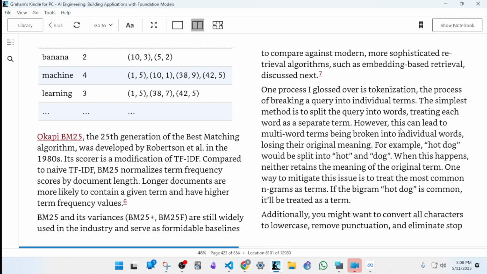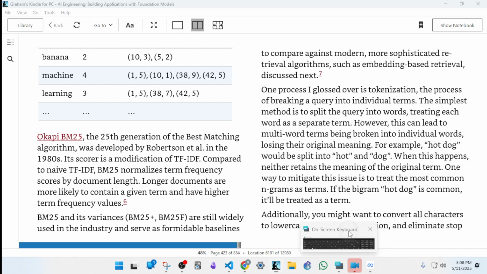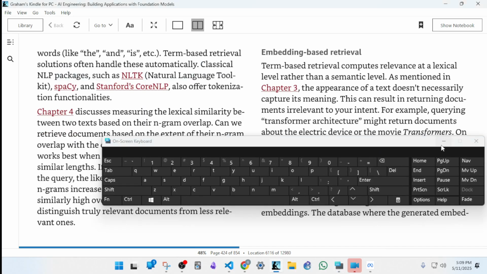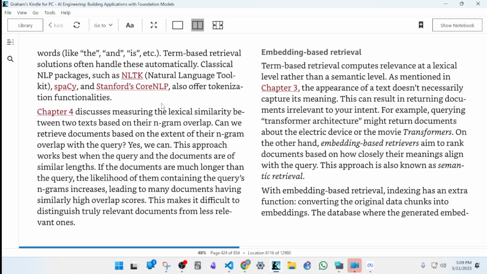Occasionally, you might want to convert all characters to lowercase, remove punctuation, and eliminate stop words like the, and, is, etc. Term-based retrieval solutions often handle these automatically. Classical NLP packages, such as NLTK, the Natural Language Toolkit, spaCy, and Stanford's CoreNLP, also offer tokenization functionalities.